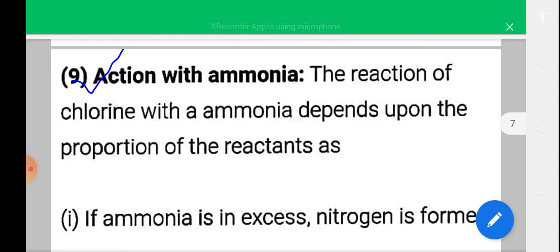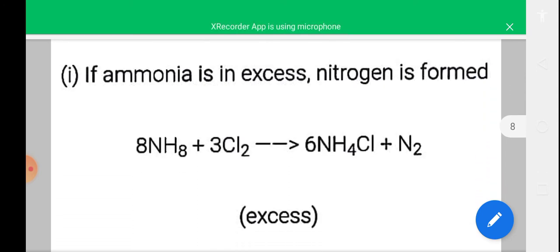The reaction of chlorine with ammonia depends on the proportion of the reactants. If ammonia is in excess, then you will get nitrogen. The reaction is 8NH3, it is mistakenly written as 8NH8, it is actually NH3.